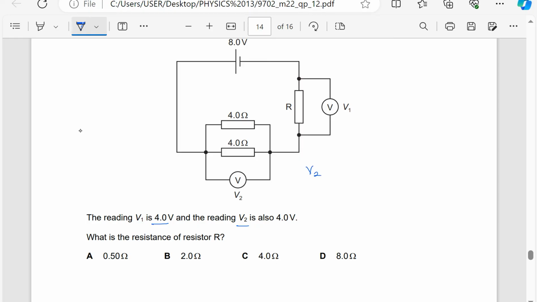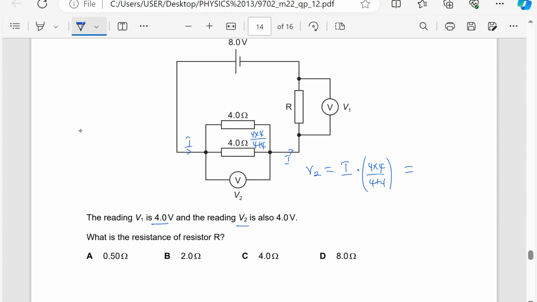So V2 is going to be equal to the current I, the total current into the circuit, which is the same current here, times the total resistance. These are in parallel, so it is the product, 4 times 4, over the sum, which is 4 plus 4. That is the total resistance in parallel.